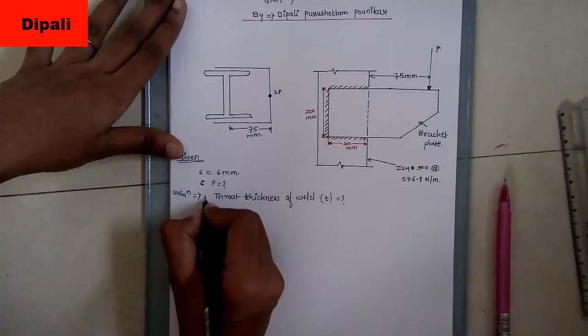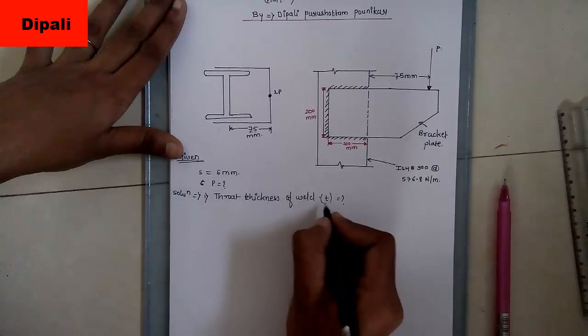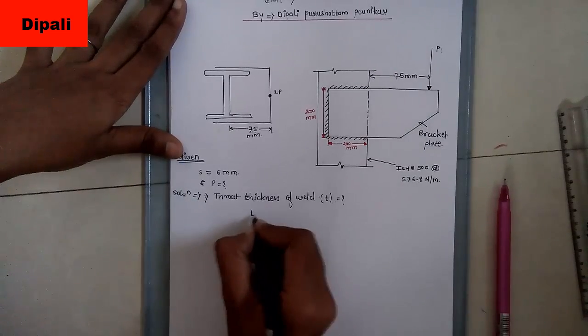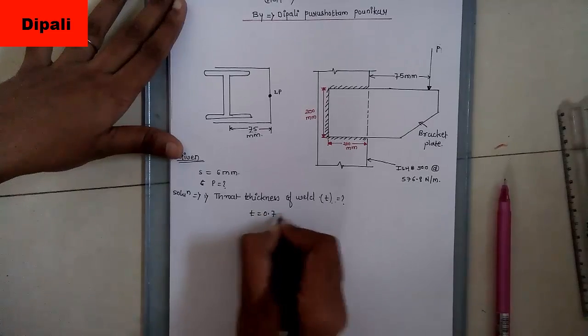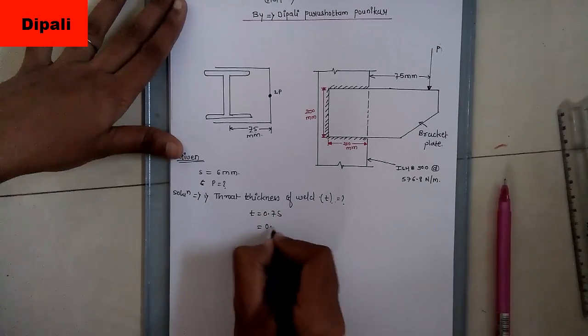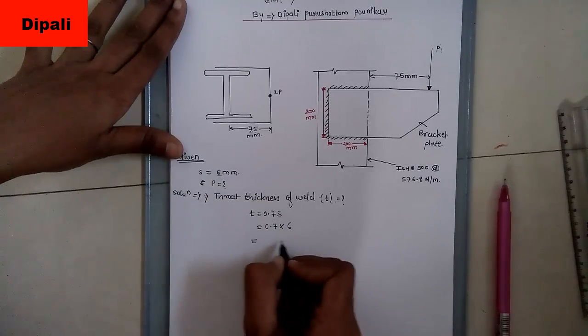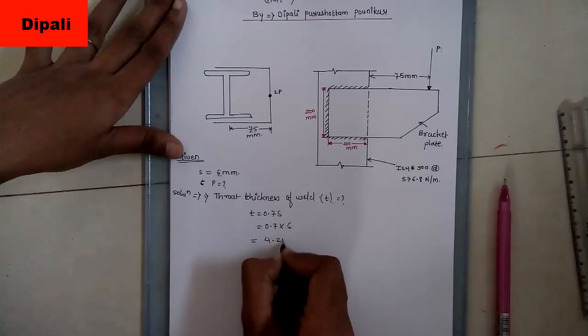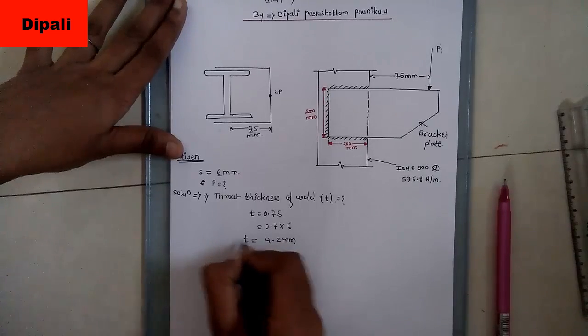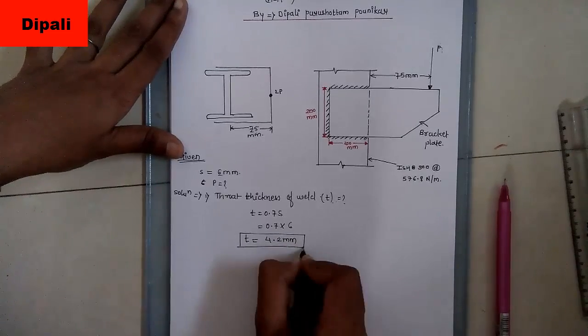The first step is the throat thickness of weld, T. The formula is 0.7 S. The value of S is already given, that is 6 mm. 0.7 into 6 is 4.2 mm. So the throat thickness is 4.2 mm.